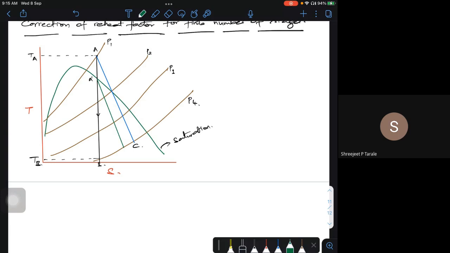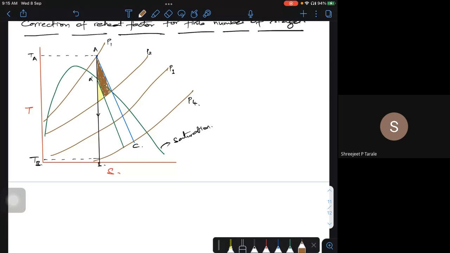Now, when you have this, a correction is always required if I go for multiple stages. How is that usually done? If I look at this, this is my actual expansion. If it is dry saturated, or if it is superheated, the yellow plus the maroon color will be the extra portion.